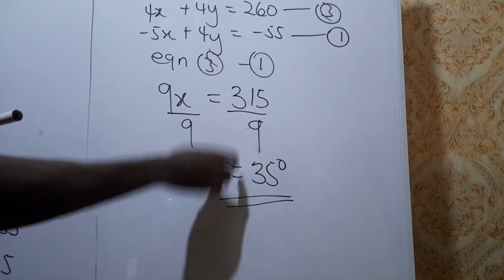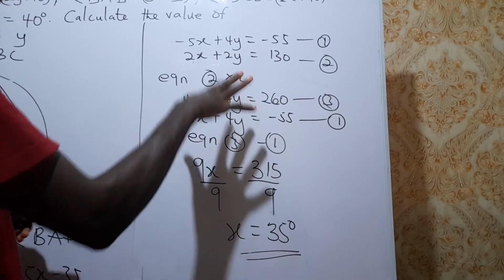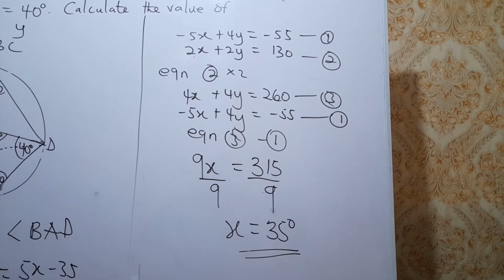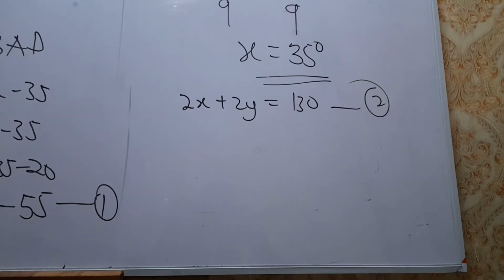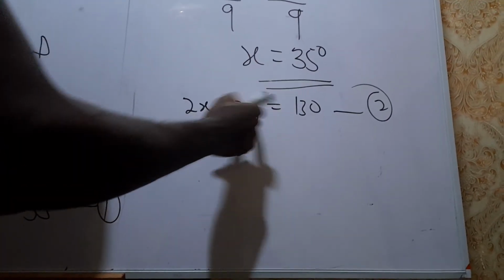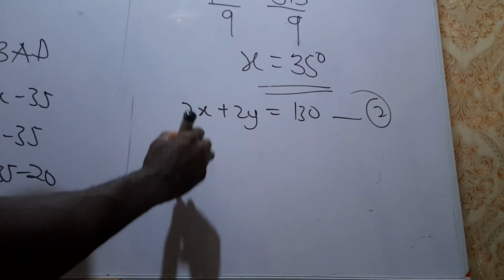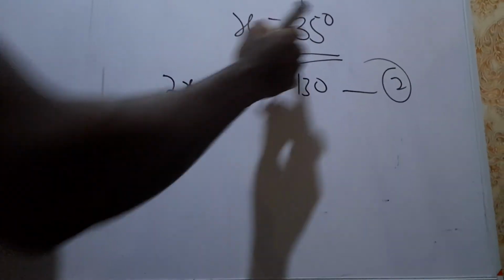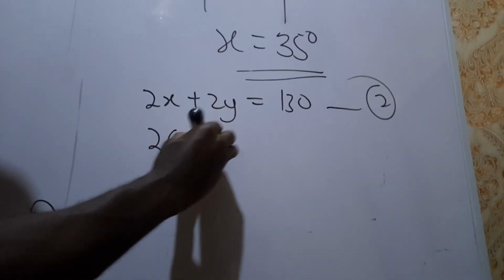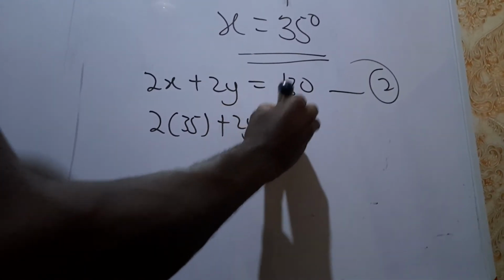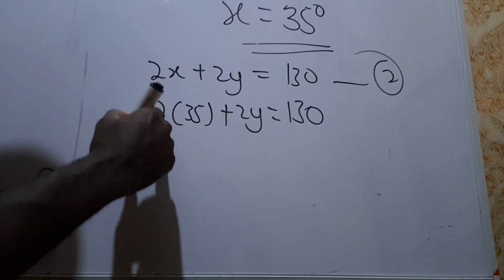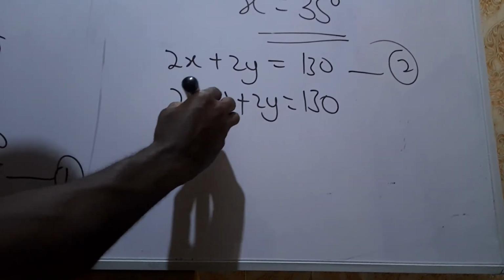Since we know the value of x, we substitute into any of the equations to get the value of y. We substitute into equation 2, which is 2x plus 2y equal to 130. So we say in place of x, we put 35: 2 times 35 plus 2y will equal 130. 2 times 35 is 70.